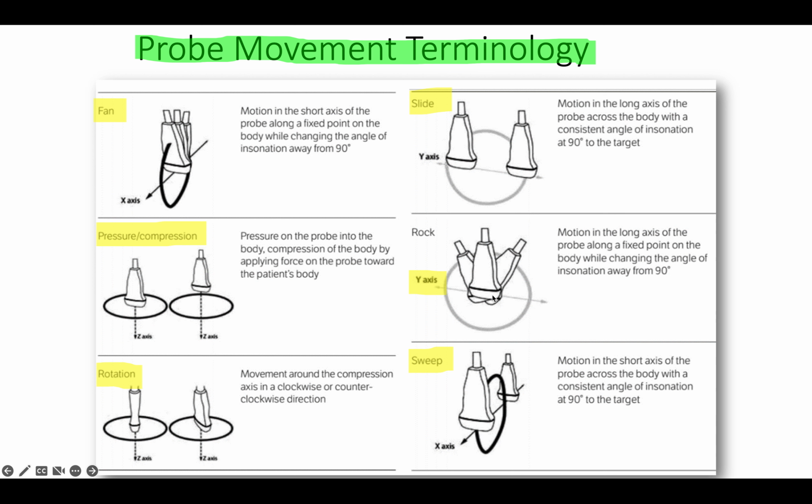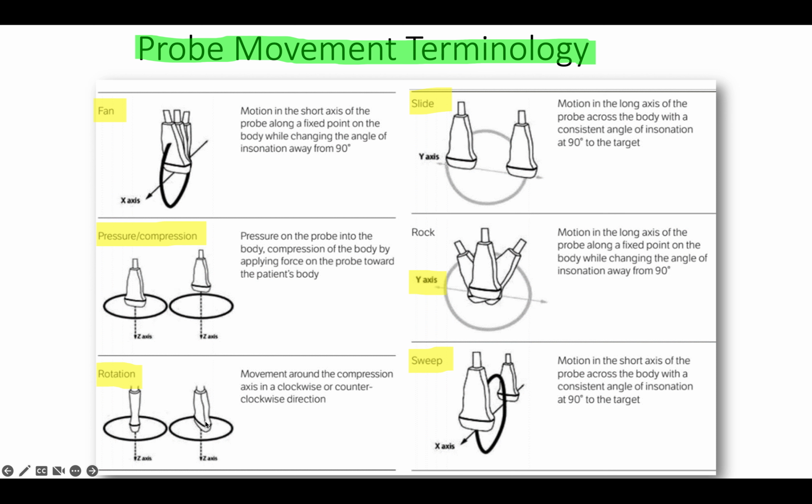During rocking, we apply more pressure on, for example, the nose of the transducer, or vice versa, more on the heel of the transducer. If we equally apply pressure on both poles, that will be pressure or compression.